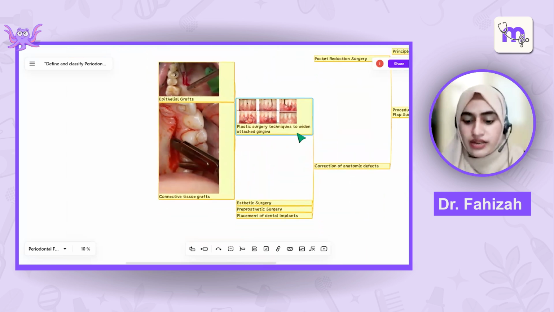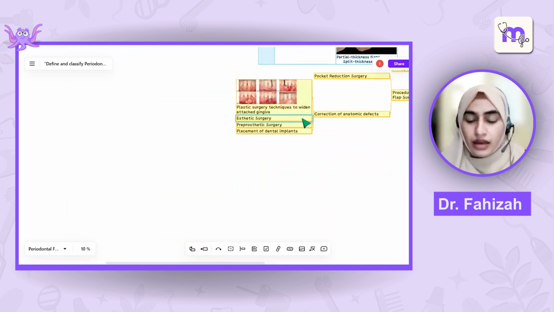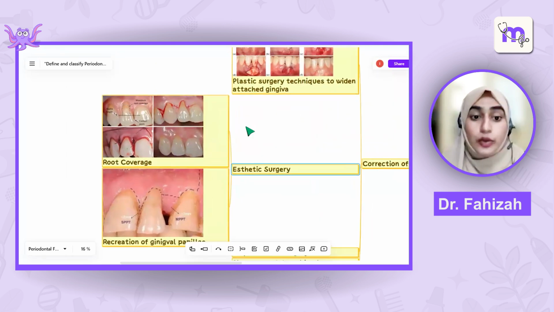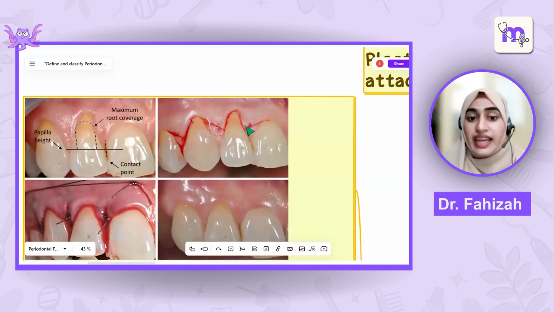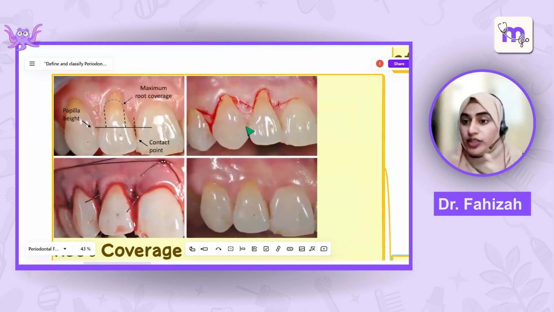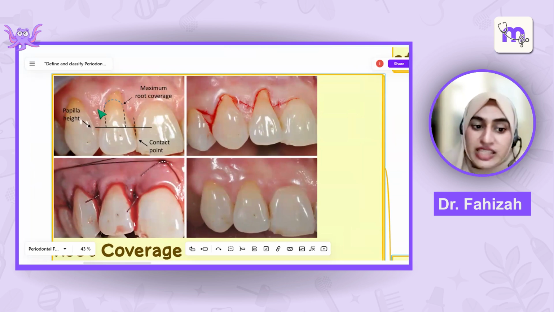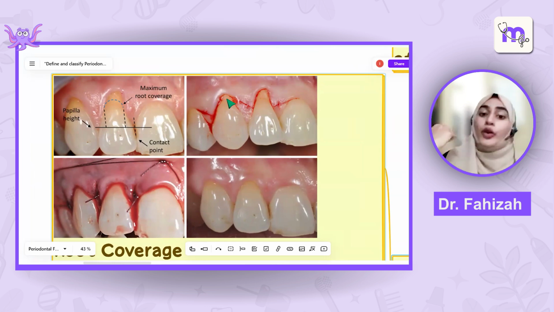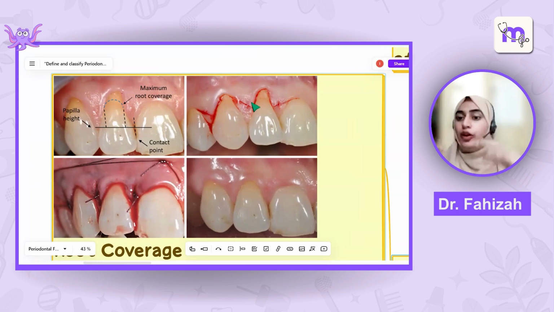So these are also used in flap surgeries. Then aesthetic surgeries are root coverage procedures. The main aim of this root coverage procedure is to cover the root. There is root recession happening over here. So that's when you place either epithelial grafts again, or you don't need to use a graft. You can directly shift the position of your flap.